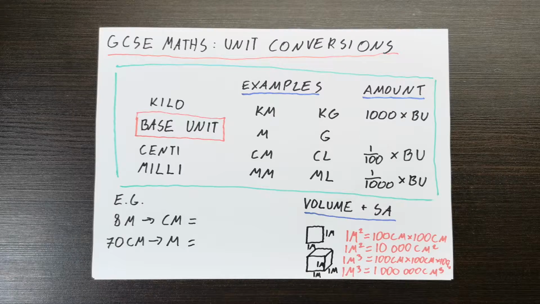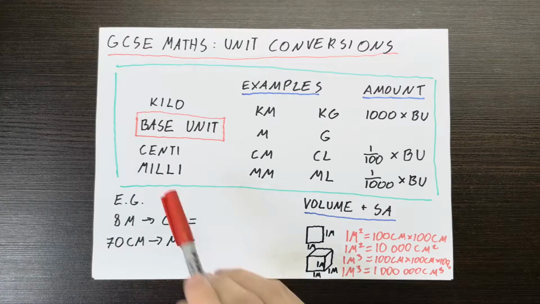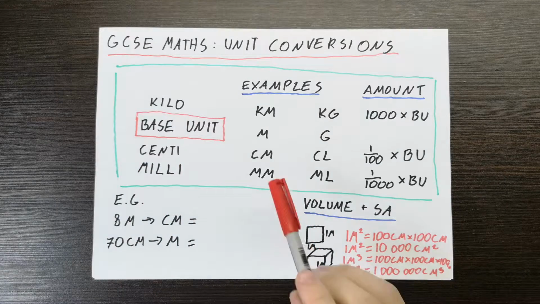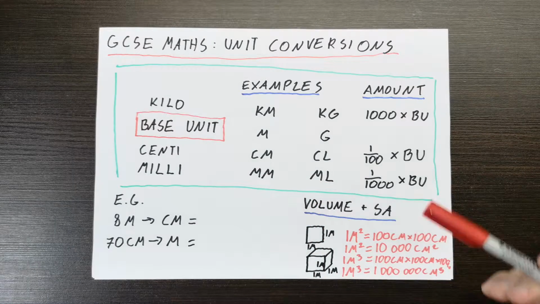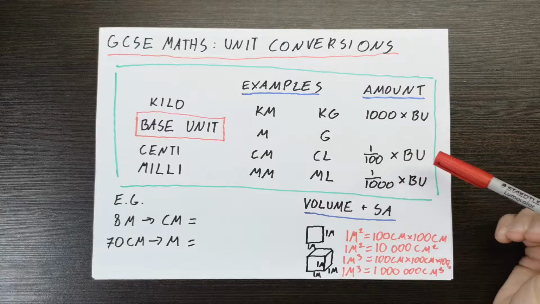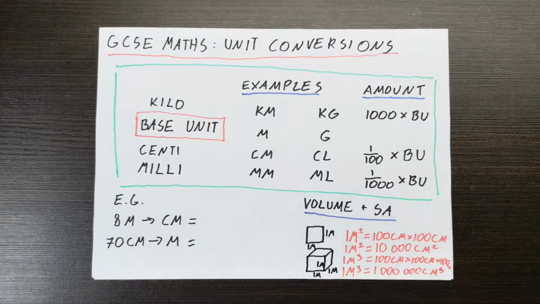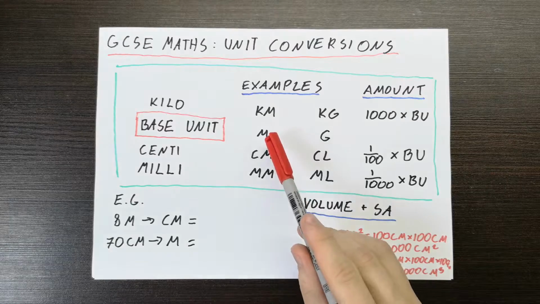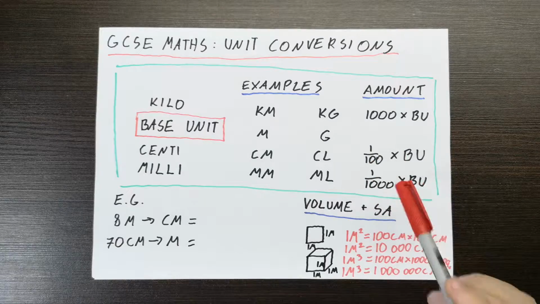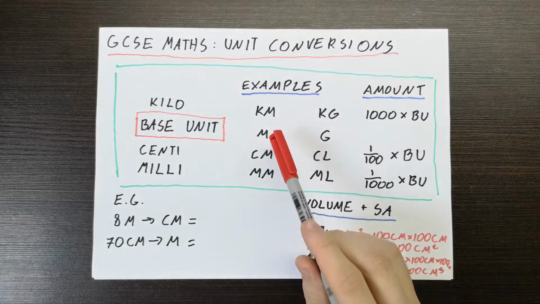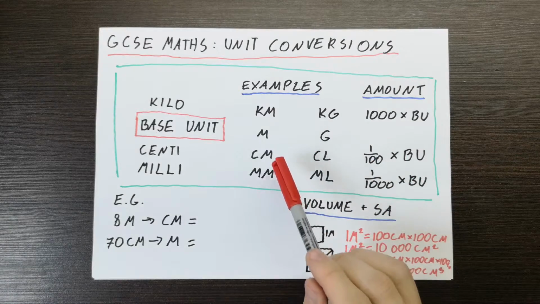Now, going down from the base unit, we have centi. So, for example, centimeters or centiliters. And that is 1/100th of the base unit. So, that is going down from the base unit. 1 meter is equal to 100 centimeters, 1/100th of the base unit.